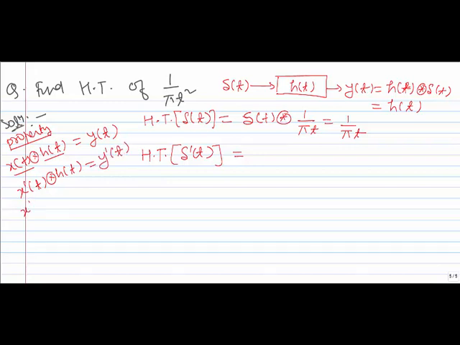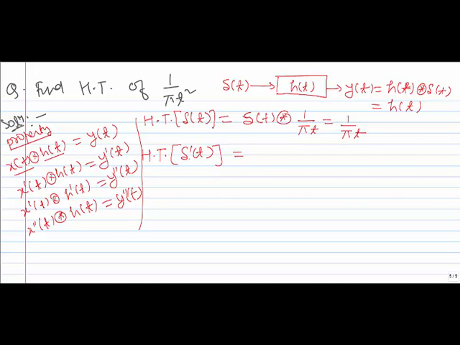Suppose it is x dash t convolved with h dash t, the output will be twice differentiated, because two differentiations are done, first here and then here, so it will be twice, right? The same can also be written as x double dash t convolved with h of t. It will also be equal to y double dash t, right? So mind this property. Now let us apply this property here.